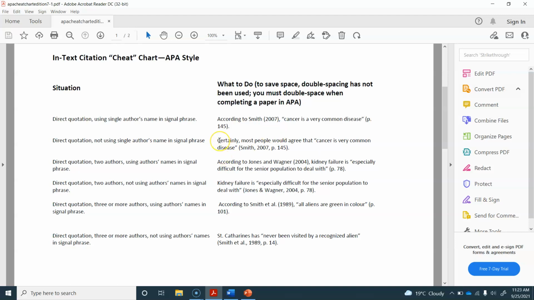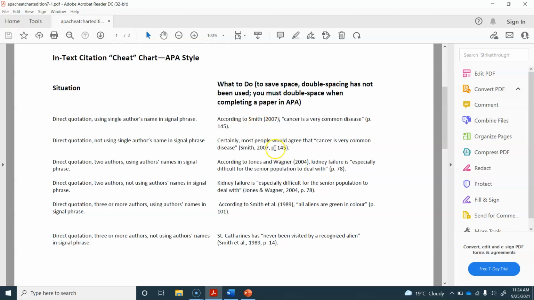So if I were to say something like, certainly most people would agree that, quote, cancer is a very common disease, unquote, I'm going to have a bracket at the end where I'm going to include all of that information. So I'm going to put the author's last name, comma, space, year of publication, comma, space, P period, space, page number, close the bracket, and then period after that.